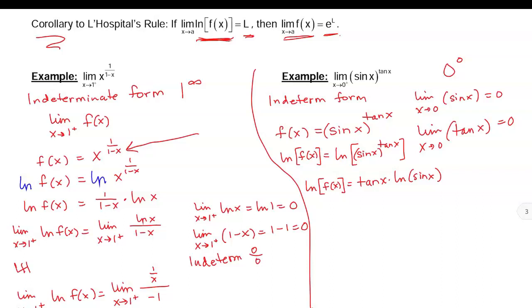So when I write out my limit as x approaches 0 from the right, I'm going back to take the limit now that I've got the tangent out of the exponent spot. But if you just did straight substitution now, you're going to run into trouble again, because the tangent of 0 is 0, and the natural log of the sine of 0 is the natural log of 0.